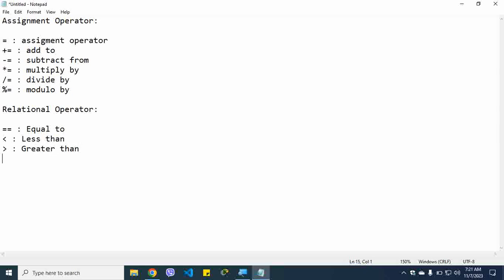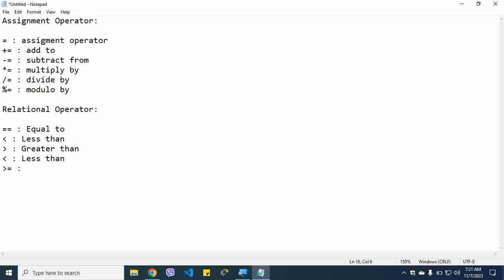Greater than. Less than or equals to. Less than or equal to. So this is what, less than, greater than, equals to, in this way.